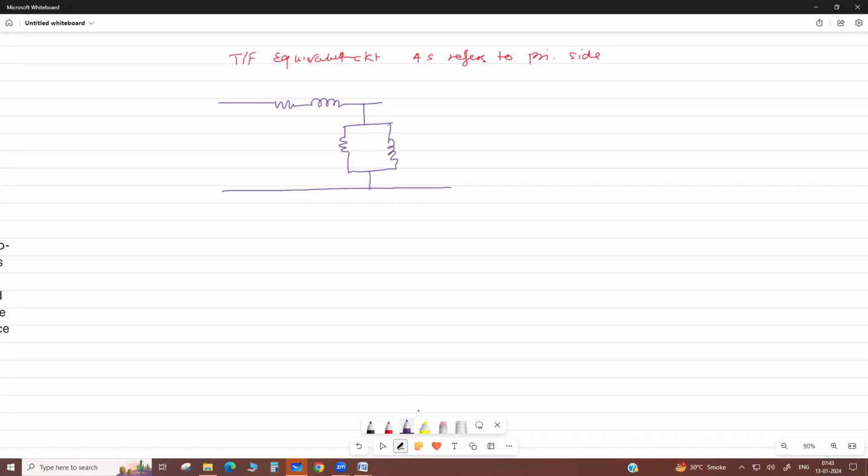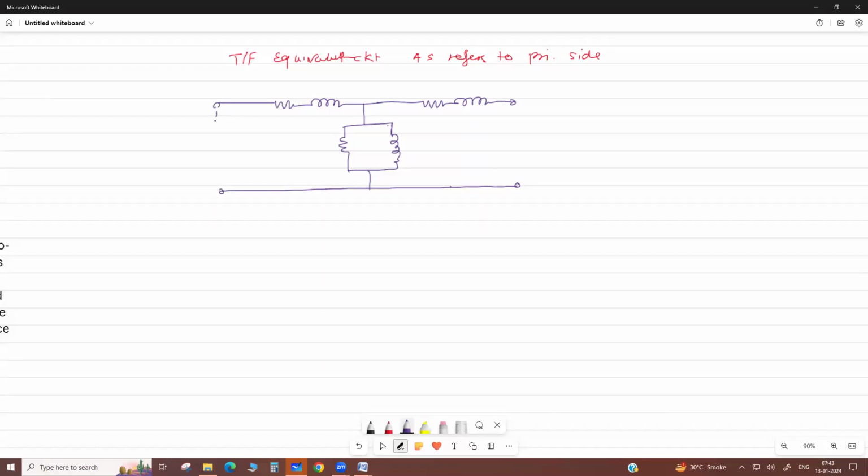Then this is an inductor, okay. Then you have the secondary resistance, secondary leakage reactance. Let us say it is open.